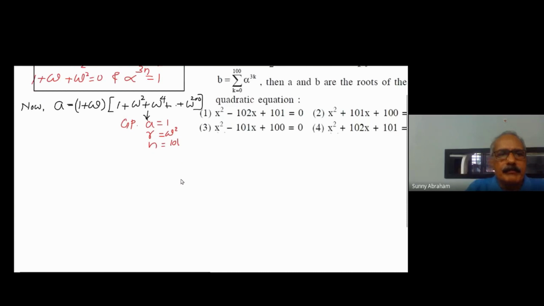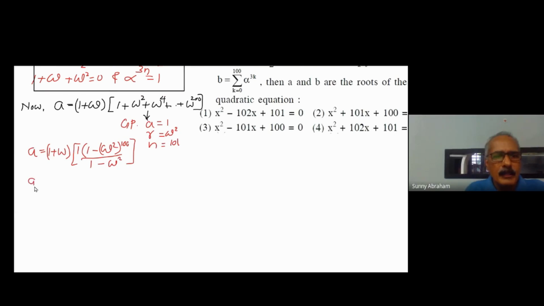Apply the sum. Therefore, A is equal to (1 + omega) into, what is the formula for the sum of n terms of a GP? a into (1 minus r raised to n) divided by (1 minus r). Here r is omega square, the whole raised to n, n means 101, divided by 1 minus omega square.